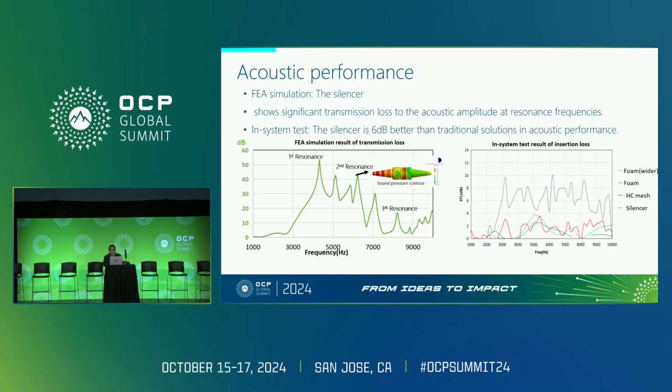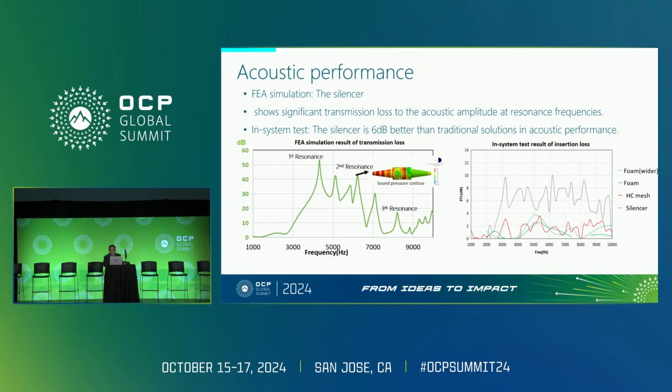To further validate our design, we fabricated several 3D printed prototypes and integrated them into server enclosures. Utilizing the OCP dynamic surrogate, we quantified the insertion loss of these silencers.